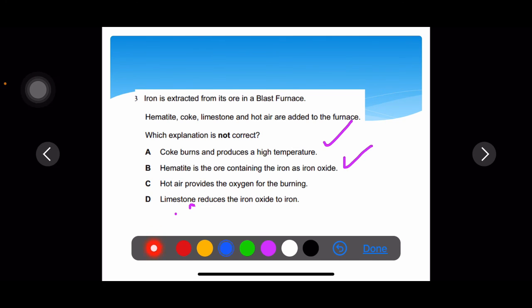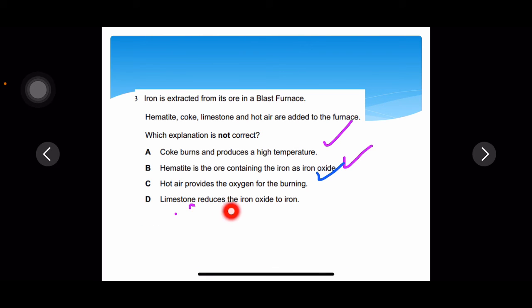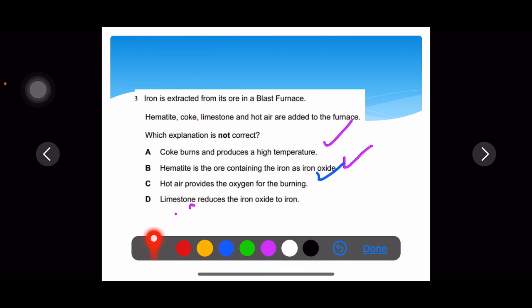Exactly, hot air provides the oxygen. Limestone reduces the iron oxide to iron. No, limestone is not added for reduction. It decomposes into lime, calcium oxide plus carbon dioxide, and the calcium oxide reduces the acidic impurities like silicon dioxide or silica. So the correct option is D.